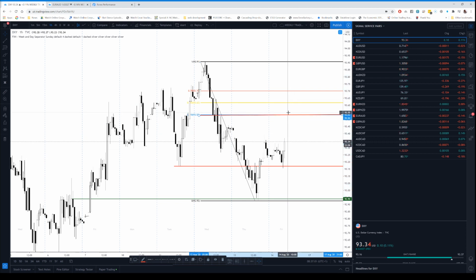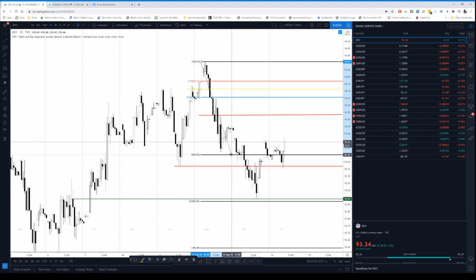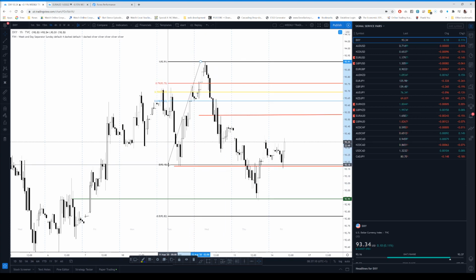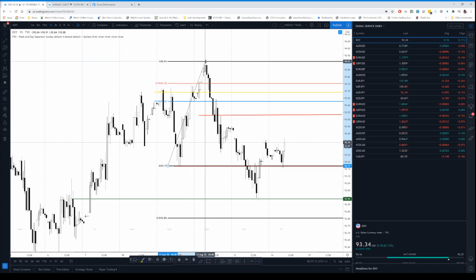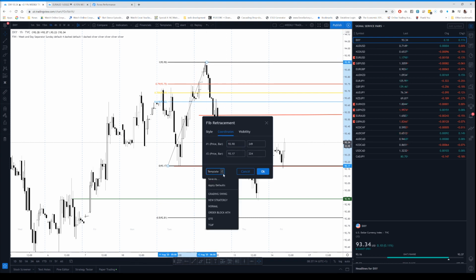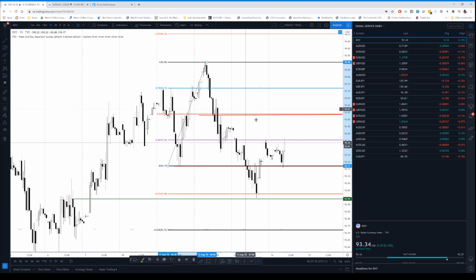That's your first target, because that's where in a range price can cause a reaction. But if you're using my style, which is this low and that high, then you're looking for 50%. They are all roughly at the same area. So whichever one you prefer, once price gets here, you're looking to take something off the table.